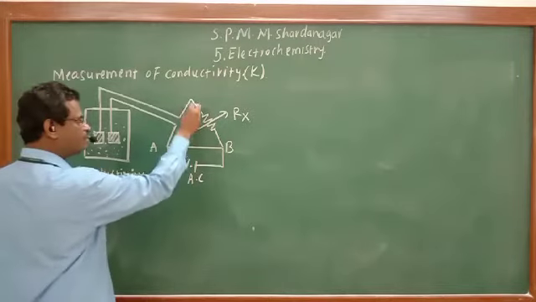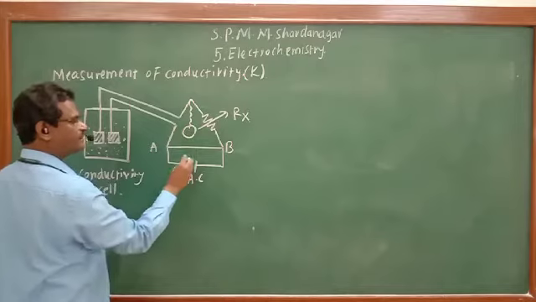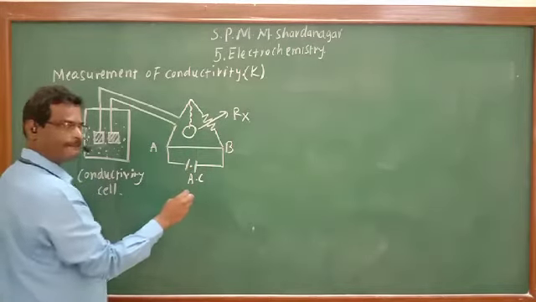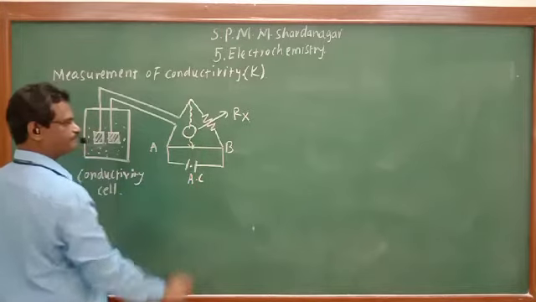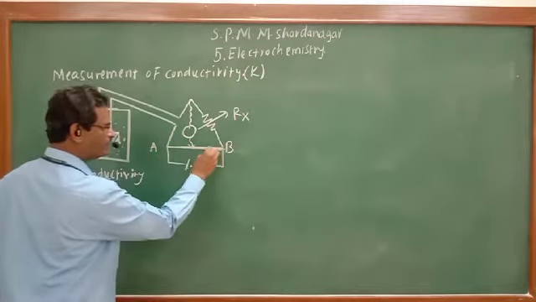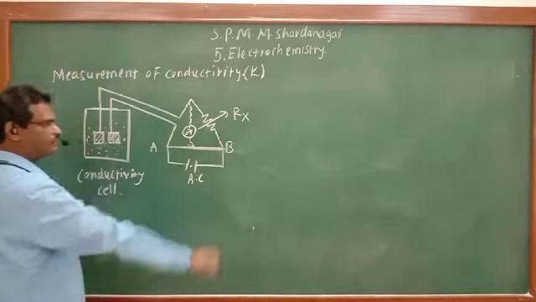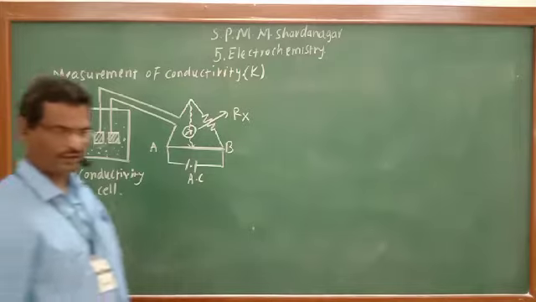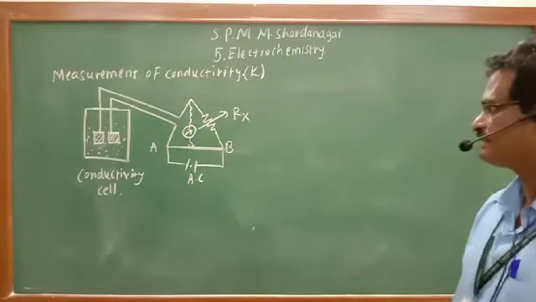In between the two arms there is the current detector, magic eye, which is pressed on wire AB so that current is detected using that detector.